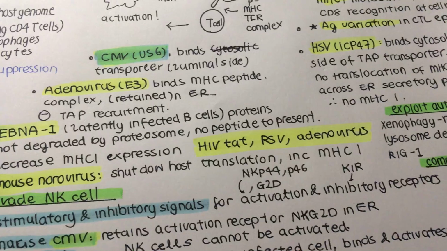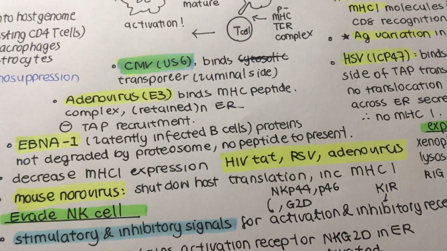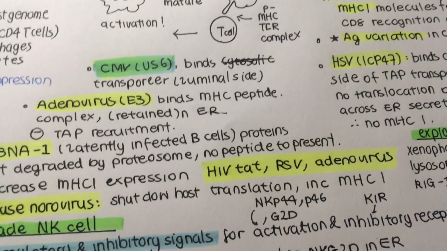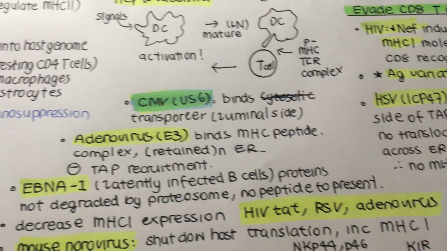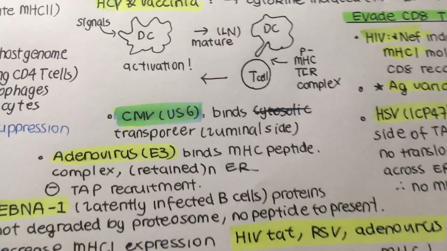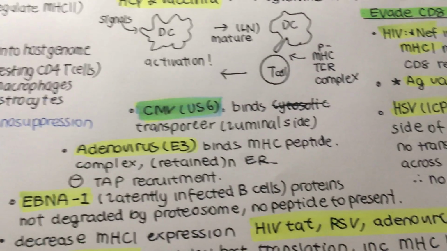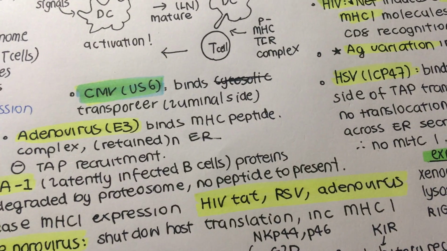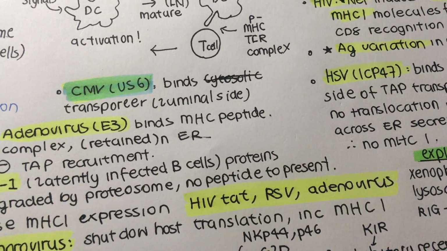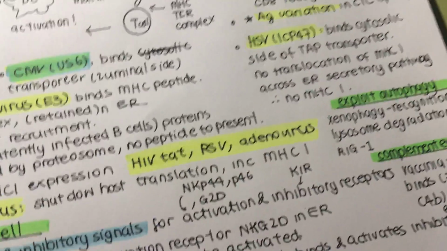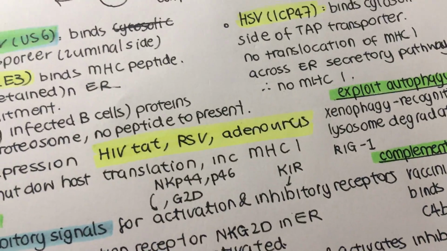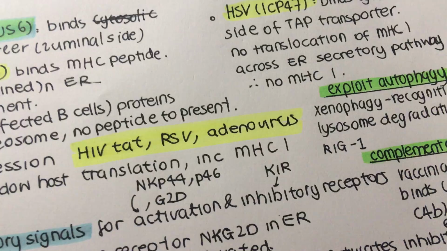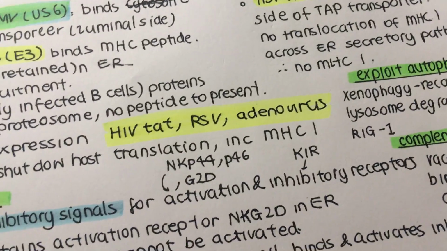So although the CMV cytomegalovirus has the protein US6, which allows the retention of the MHC1 in the endoplasmic reticulum, so there is no CD8 T cell recognition, it has other ways of stopping the natural killer cell from killing it as well, and these include retaining the activation receptor for natural killer G2D cell receptor in the endoplasmic reticulum, so that NK cells can't be activated.